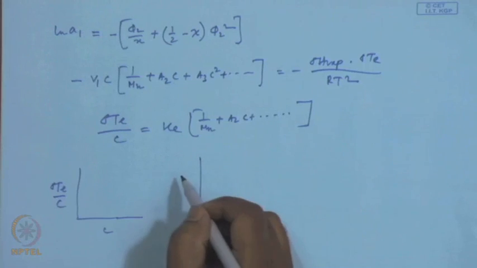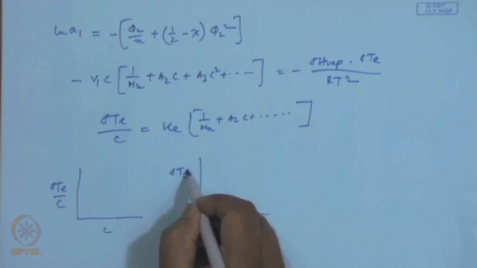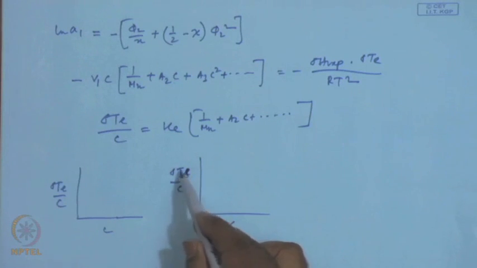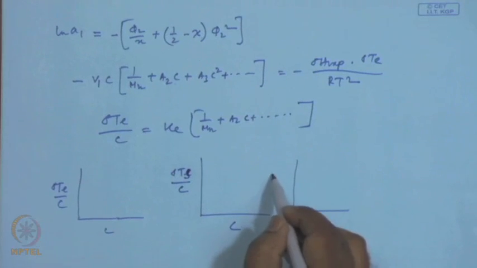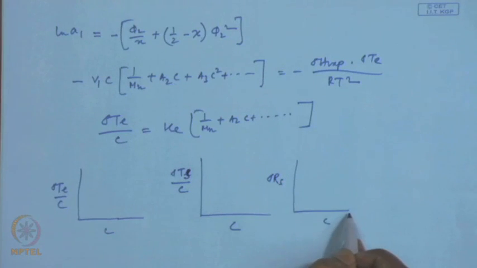So, actually what we plot is delta T S by C versus C. Delta T S is the temperature difference at steady state, which is measured by the difference in resistance between the two thermistors.